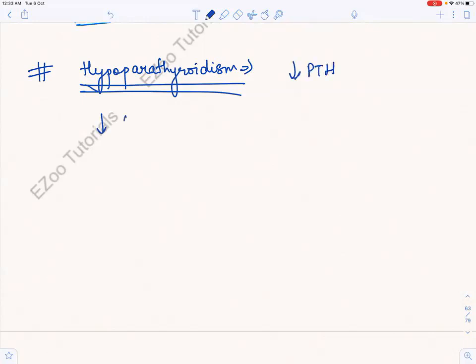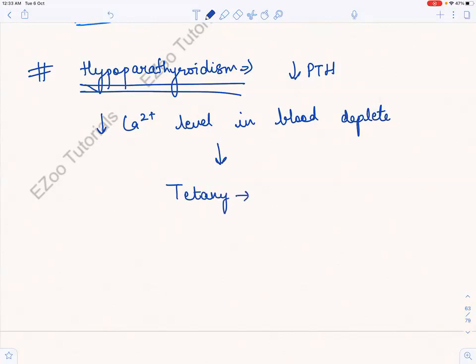In this, when the calcium level in the blood starts to deplete or come down, there will be a condition that is known as tetany. What is tetany? Tetany is basically involuntary twitching or cramping of the muscles, right?